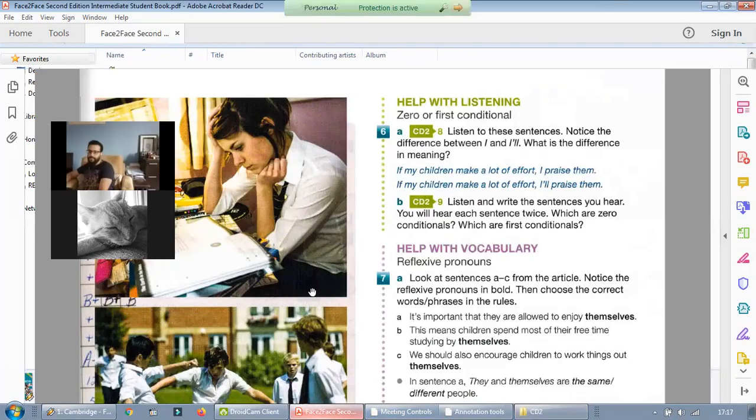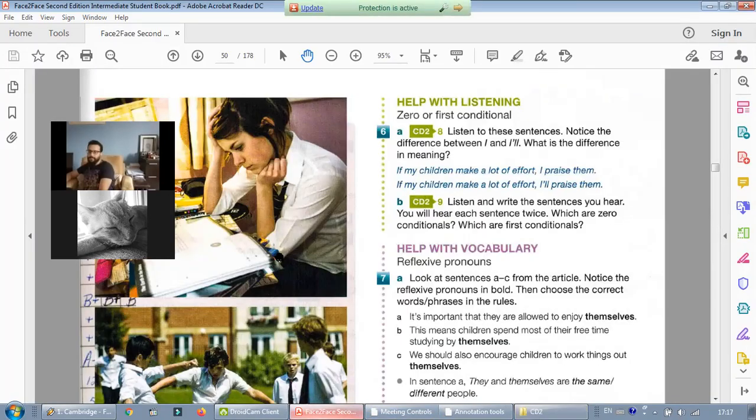Track 9. 1. If my children work hard, they get good grades. 2.